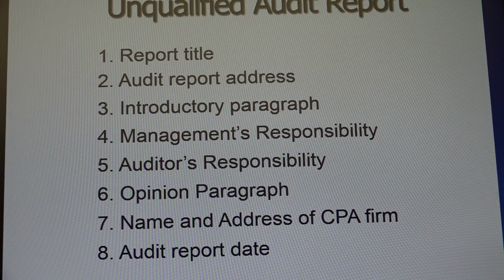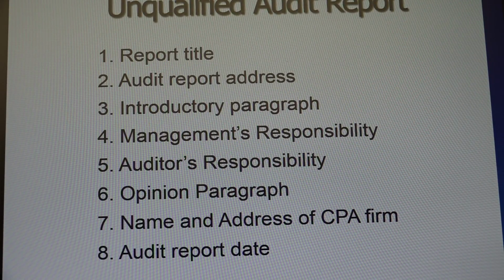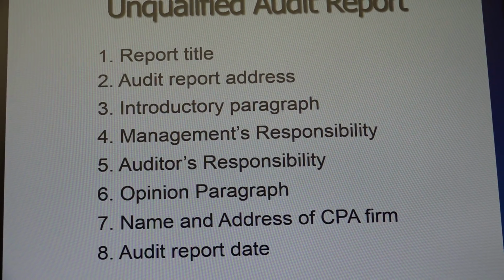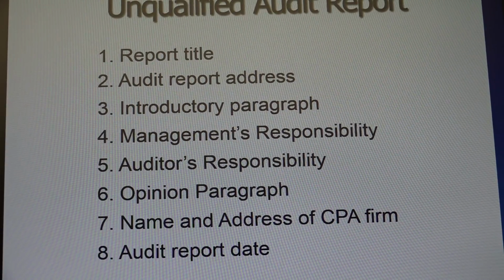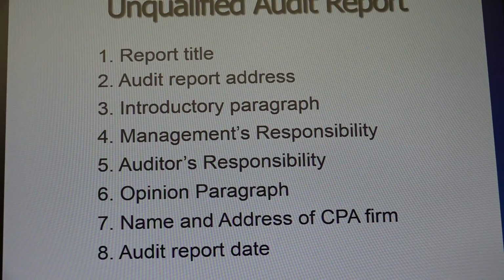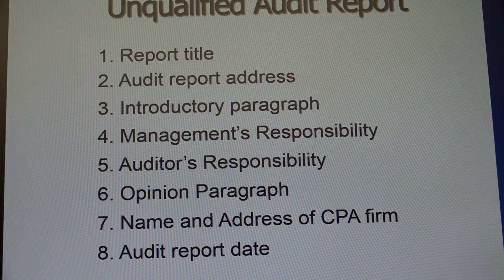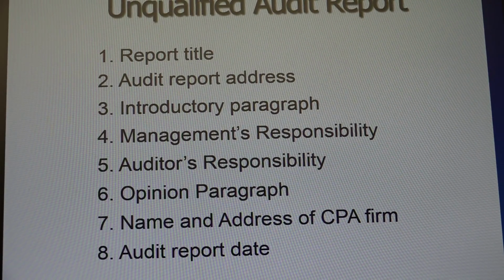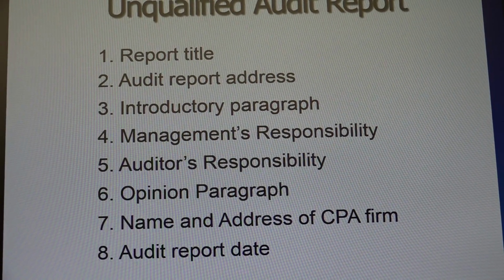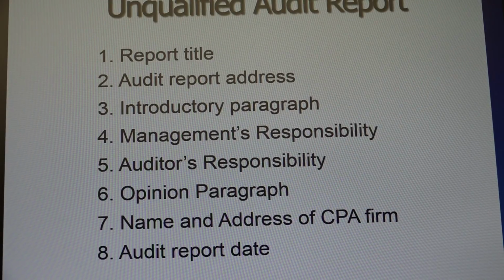Section 5, the auditor's responsibility. Here we get down to 3 things. The first of those is that the report needs to state that the audit was conducted in accordance with auditing standards. Should also note that the audit's designed to obtain reasonable assurance about whether or not the statements are free from material misstatement.